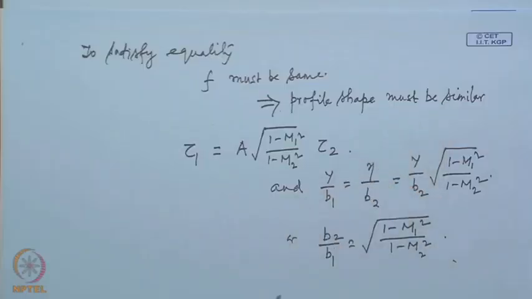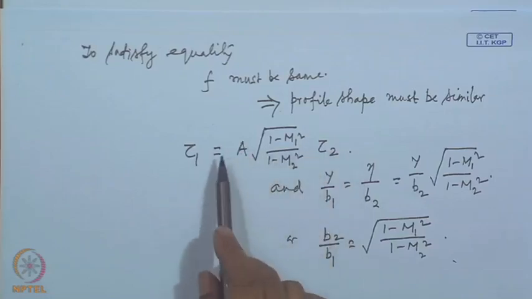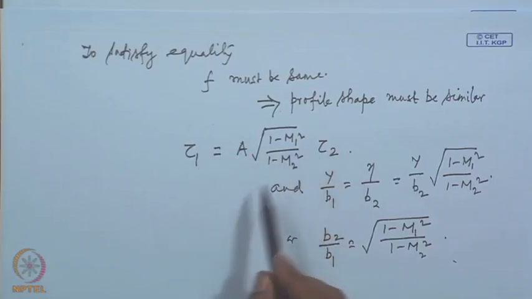So, you see that the flows are similar, that the solutions are similar if the geometry is similar, the profile shapes are similar, the thicknesses of the two different planar bodies or the two wings relate by this relation, and the spans of the two wings relate by this relation.